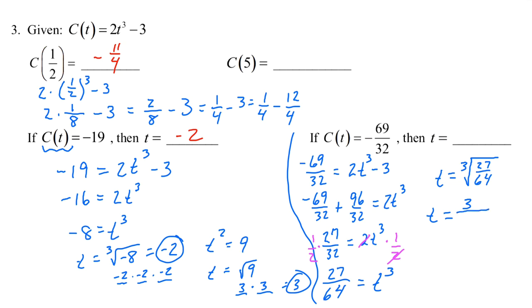And the cube root of 64 is 4, because 4 times 4 times 4 gives you 64. So 3/4 is our answer on this one. And when you're doing a cube root, you do not put a plus or minus in front of your answer.